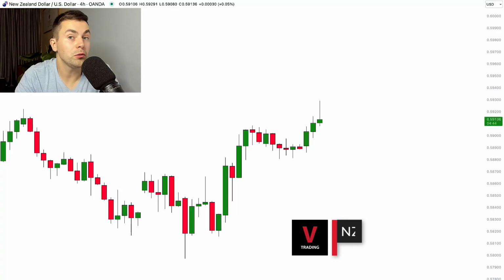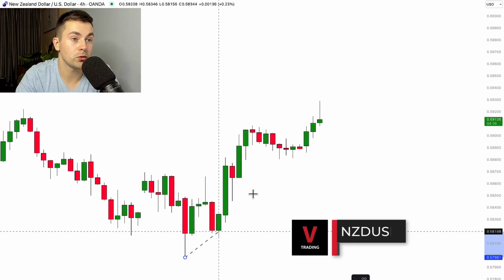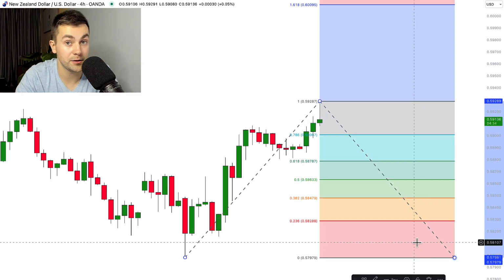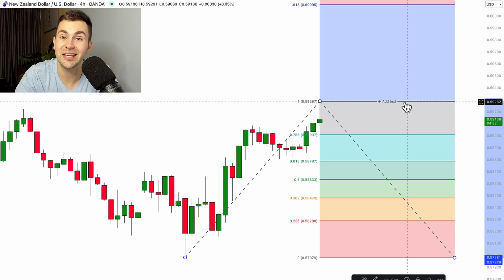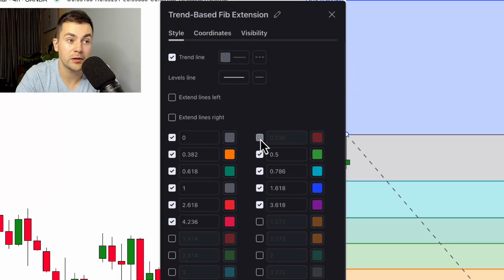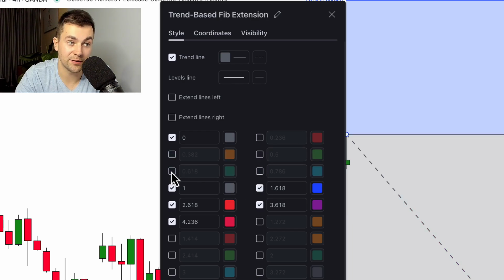Now let's talk about Fibonacci extension levels. In order to draw Fibonacci extension levels on TradingView, you should apply the Fibonacci extension tool. Before drawing the Fibonacci extension levels, you should modify the settings first. Double-click on any Fibonacci extension level that you see, and here you should remove all the retracement levels first.